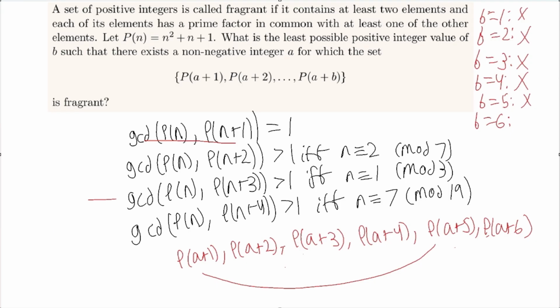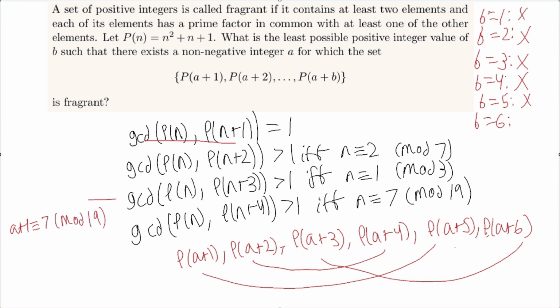Then P of A plus 2 can't really be paired with P of A plus 6. So it has to be paired with one of the middle numbers. And it can't be P of A plus 3, obviously. So it has to be this one. And that leaves these two. So we end up getting the GCD of this one and this one here is greater than 1. So A plus 1 is equivalent to 7 mod 19.